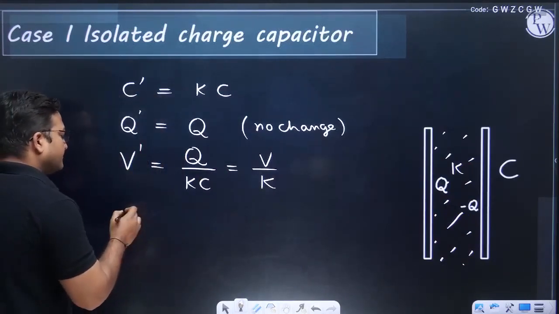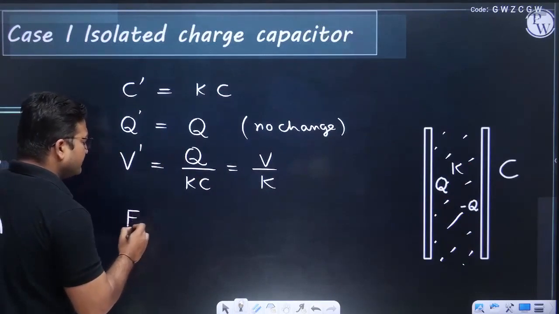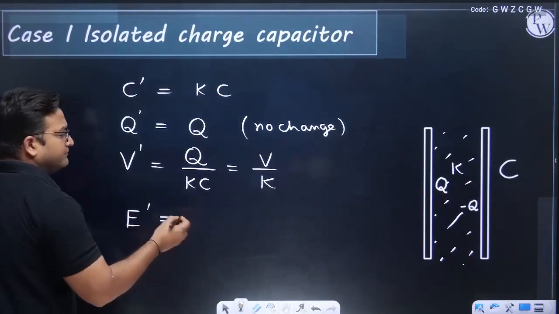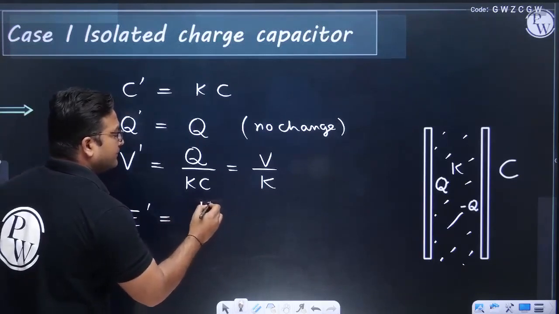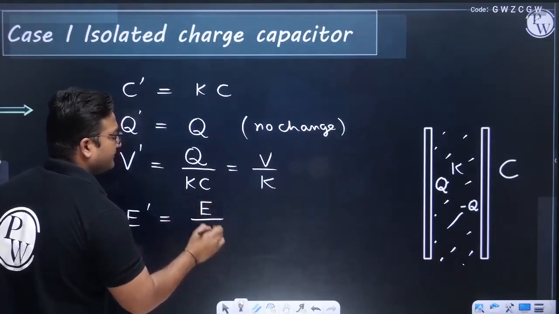Also the electric field inside the capacitor decreases by the same factor, E old divided by K.